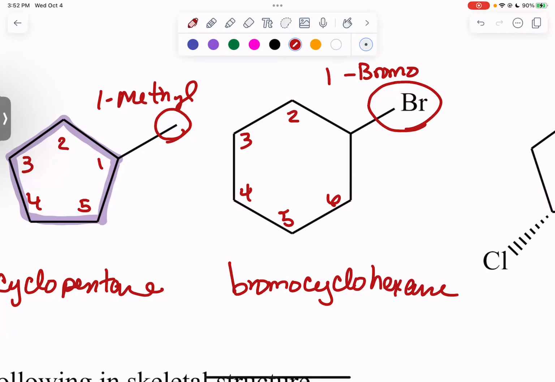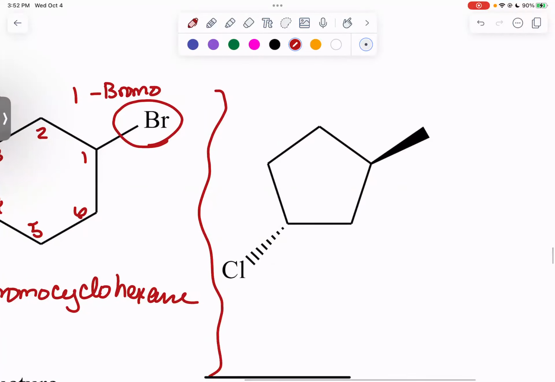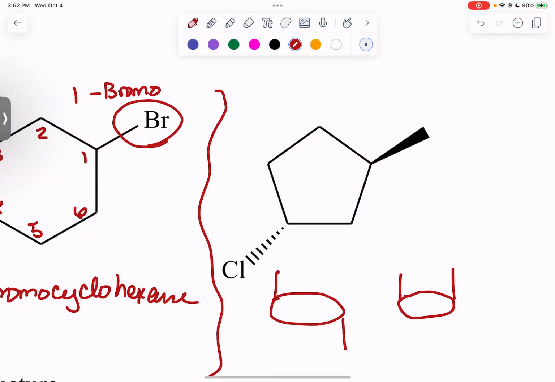Okay. Now, things change a little bit when you get more than 1 substituent on a ring. When you get more than 1 substituent on a ring, there are 2 things that happen. If you looked at any given ring and you have 2 substituents, you could have 2 substituents that went up, or you could have 2 substituents where 1 went up and 1 went down.